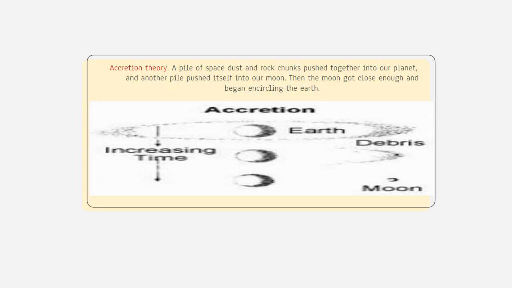Next one, we have the accretion theory. A pile of space dust and rock chunks pushed together into our planet. Another pile pushed itself into our moon. Then the moon got close enough and began encircling the Earth.